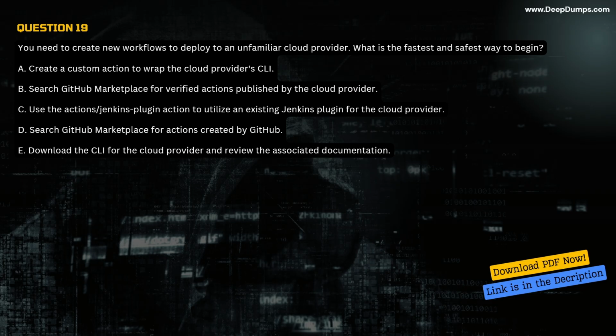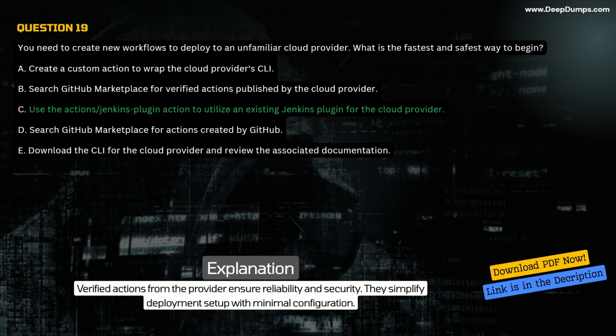D. Search GitHub Marketplace for actions created by GitHub. E. Download the CLI for the cloud provider and review the associated documentation. Correct answer, C. Use the actions/Jenkins plugin action to utilize an existing Jenkins plugin for the cloud provider. Explanation. Verified actions from the provider ensure reliability and security. They simplify deployment setup with minimal configuration.